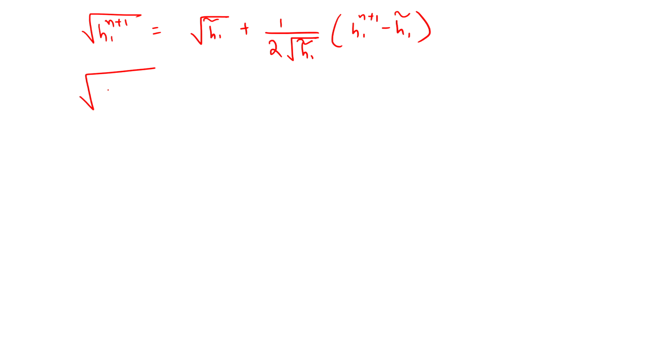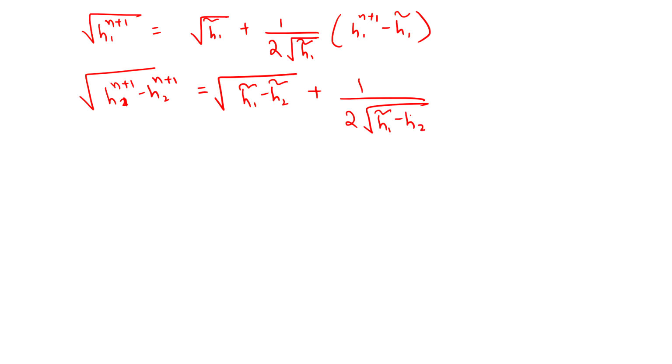The second expression, root (h1^(n+1) minus h2^(n+1)), is nothing but root (h1 tilde minus h2 tilde) plus 1 upon 2 root (h1 tilde minus h2 tilde) times ((h1^(n+1) minus h1 tilde) minus (h2^(n+1) minus h2 tilde)).